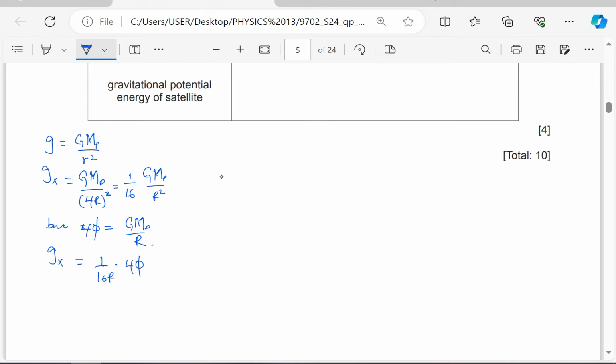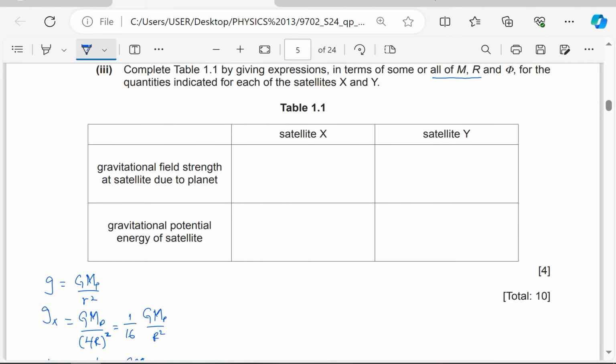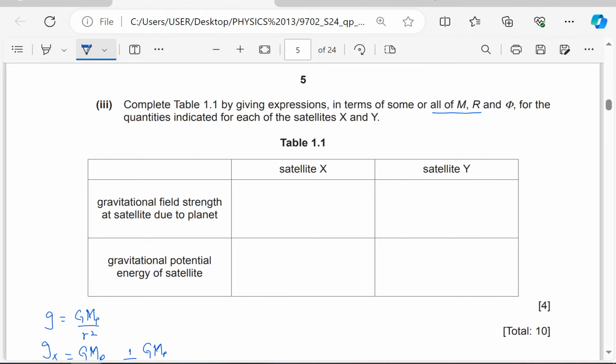So that is g at position x. When I simplify, 4 divided by 16 is 1 over 4, so it becomes phi divided by 4 times r. So the gravitational field strength at x for satellite x is going to be phi divided by 4 times r.